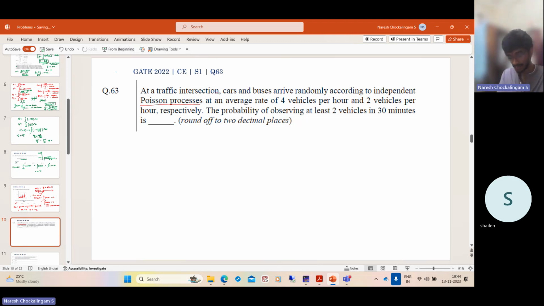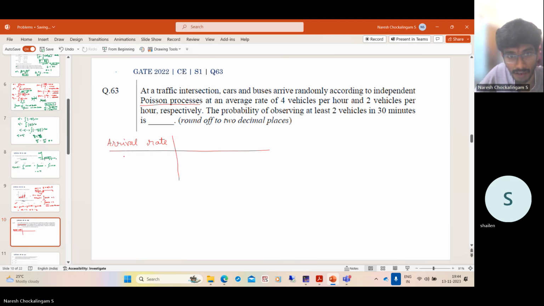Now let us use the given data. So the arrival rate, if you express it in per hour, and if you express it in per 30 minutes.